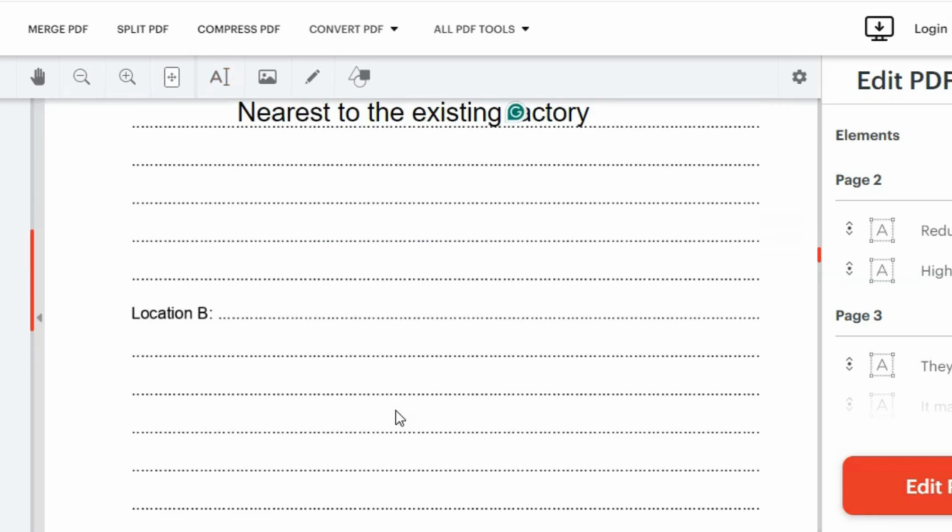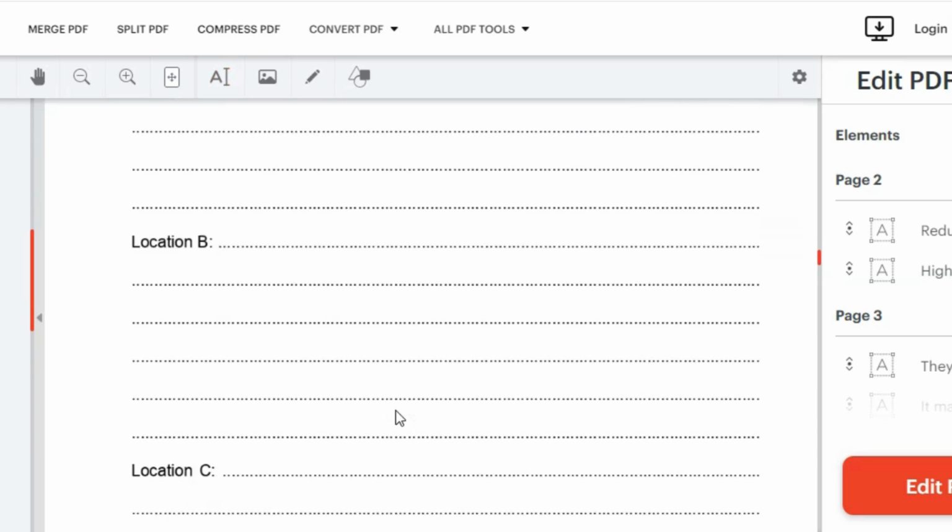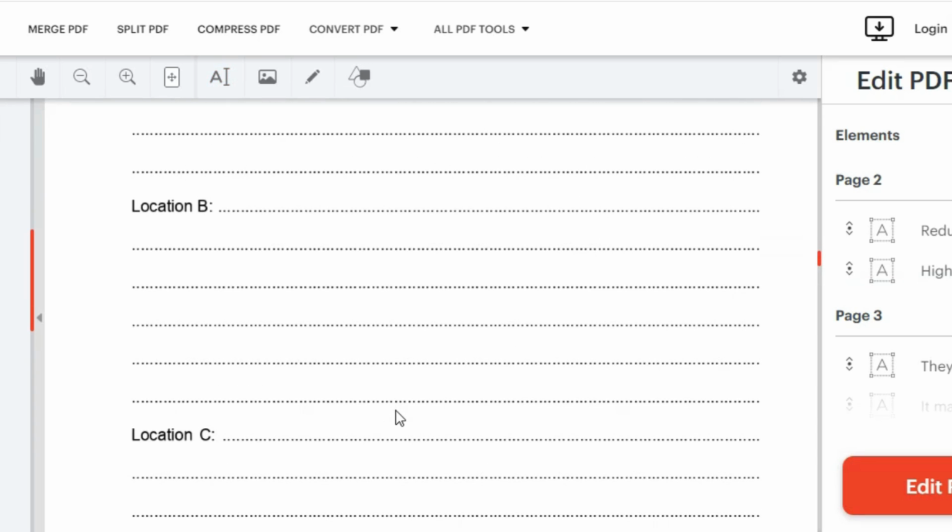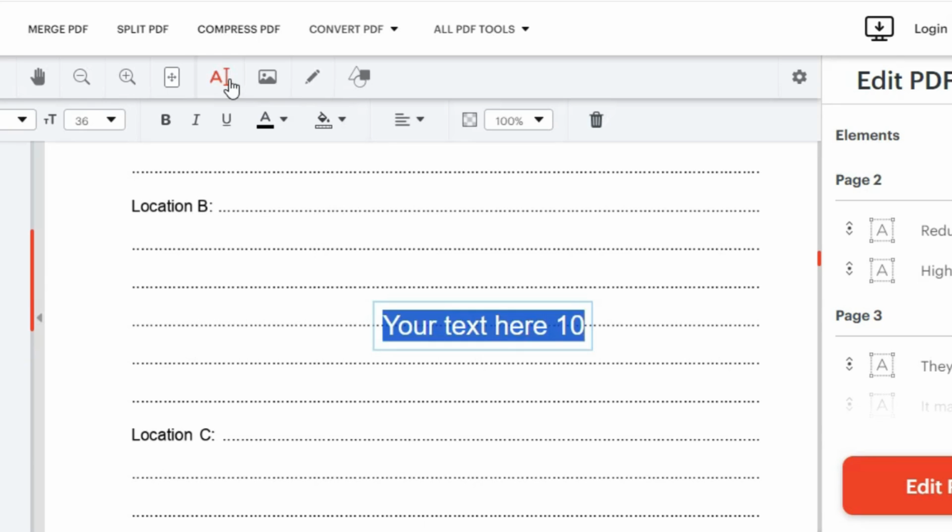What type of location do you think RW can also choose in order to achieve the same as the existing factory? Of course, near the port. Let me add the text. The location should be near to the port.